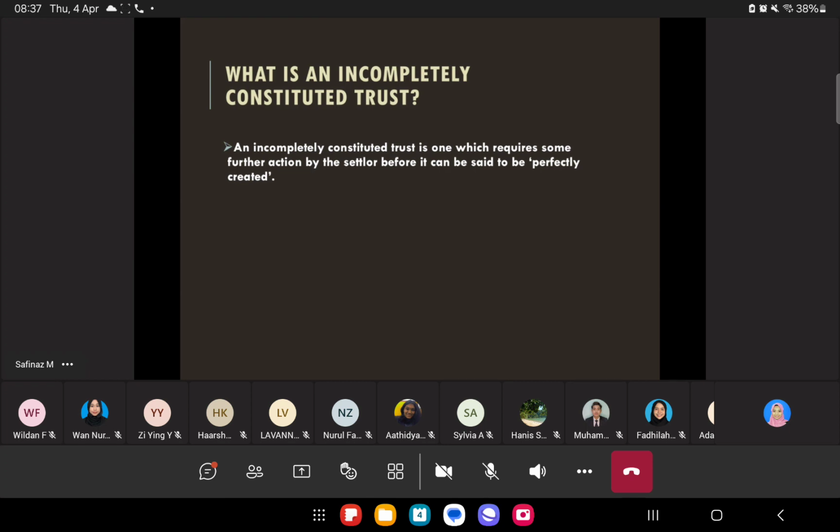Therefore, the amanah is completely constituted. Kalau dia masih ada beberapa langkah yang dia perlu buat untuk pindah milik, dan dia tak buat langkah-langkah tersebut, that means amanah itu belum lengkap. Okay, then that is an incompletely constituted trust.